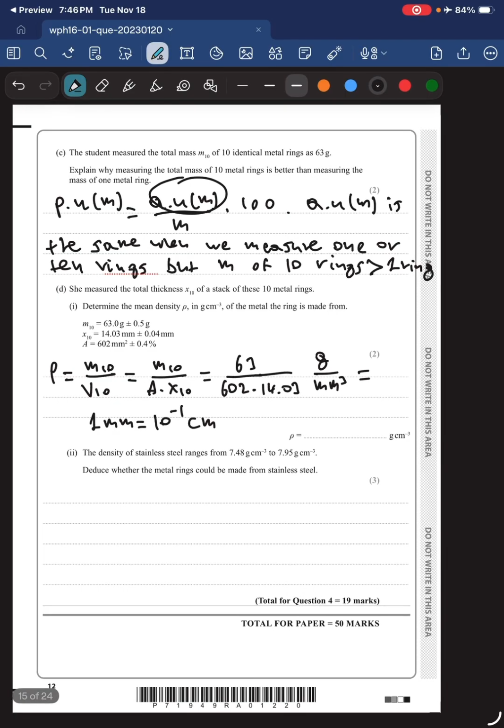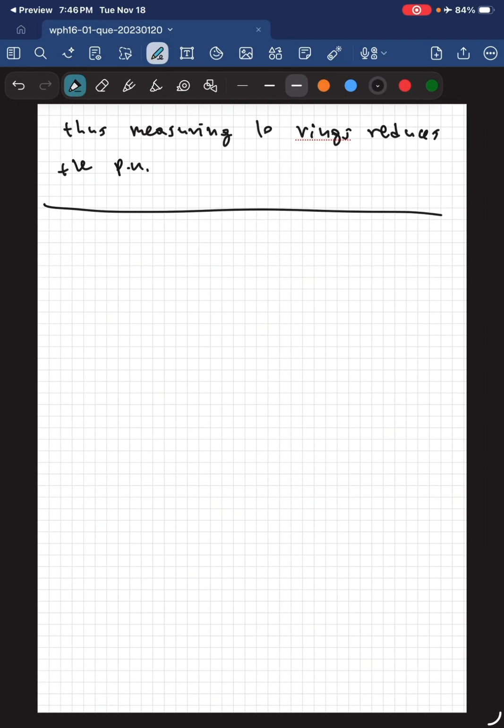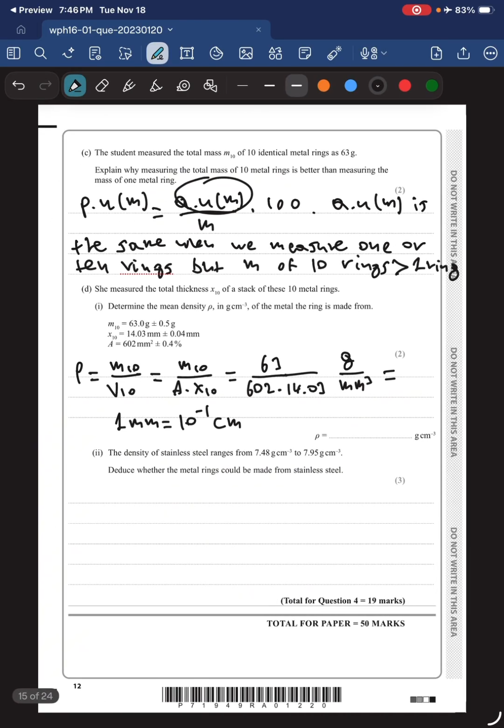Okay, and this is 7.46 times 10 to the negative 3 grams per cubic millimeter, and then we have to convert to centimeters to the 3, I'm sorry.